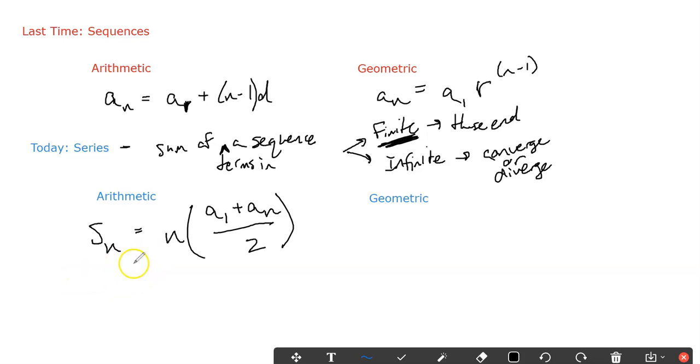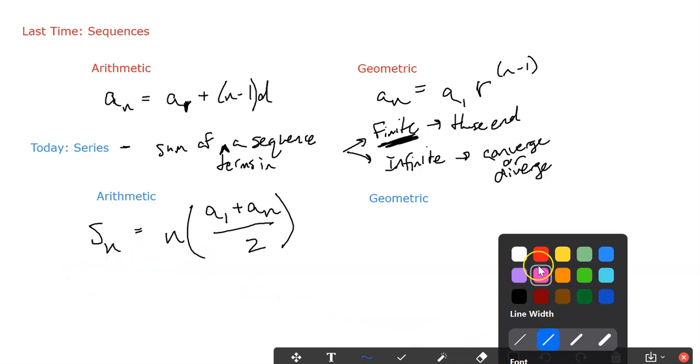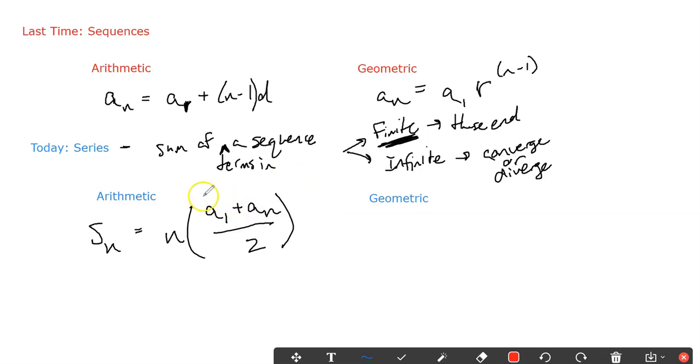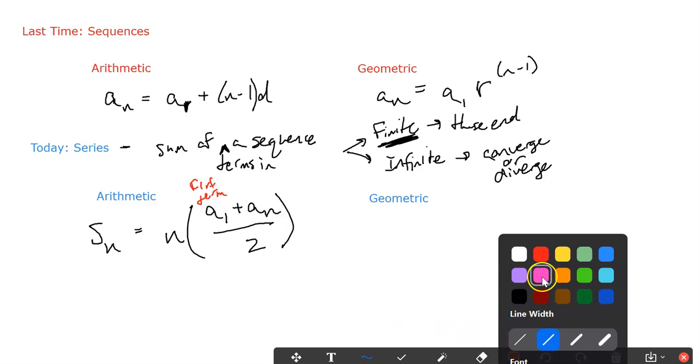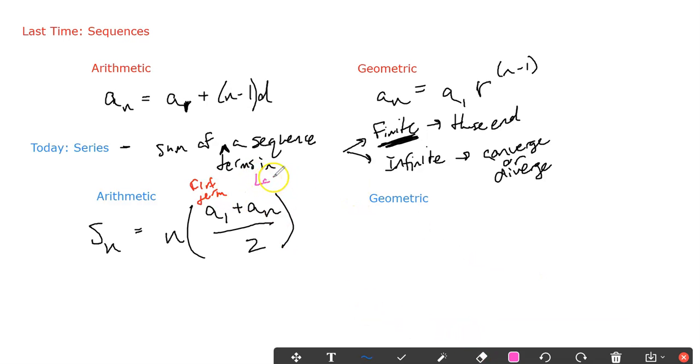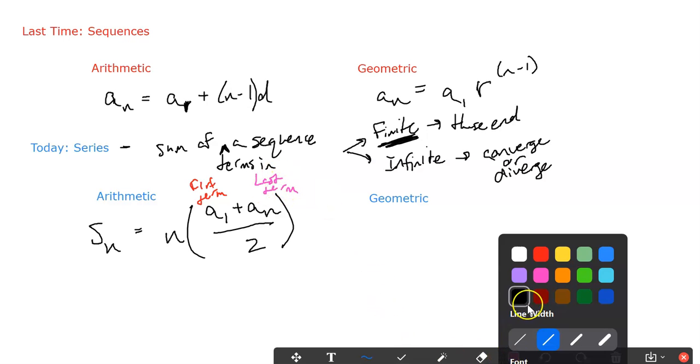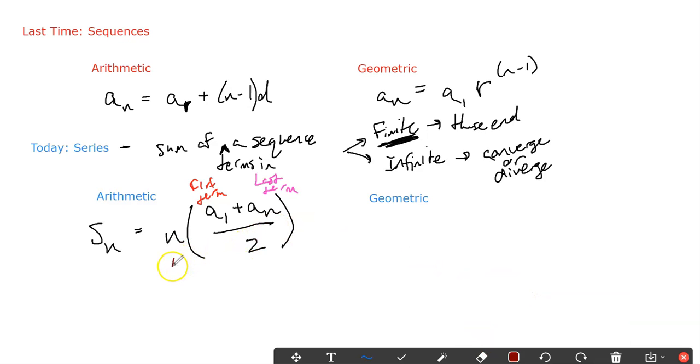I'm going to go ahead and label all of these pieces with a different color. So this is the first term in the sequence. This is the last term you want to sum. And then this is the number of terms total.